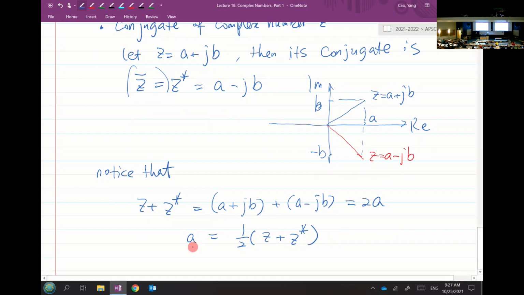And A is basically the real part of the original complex number.